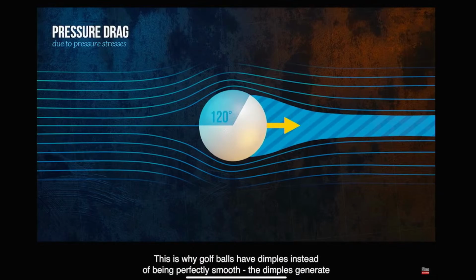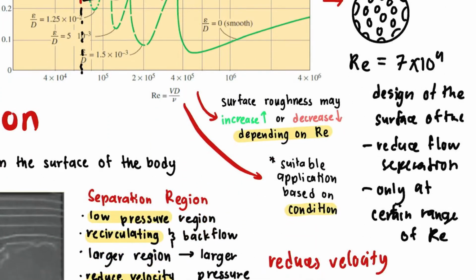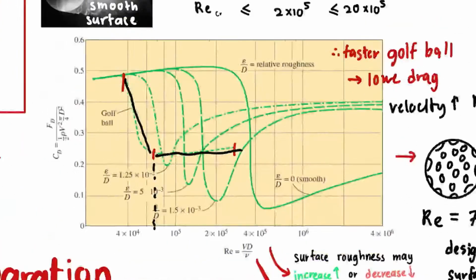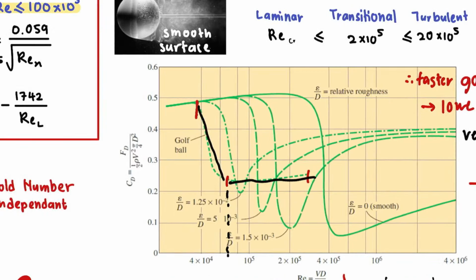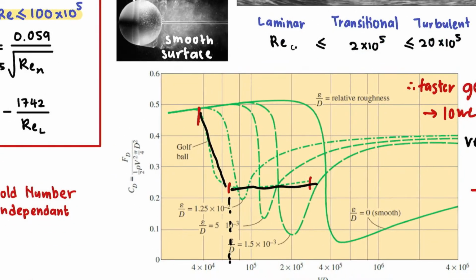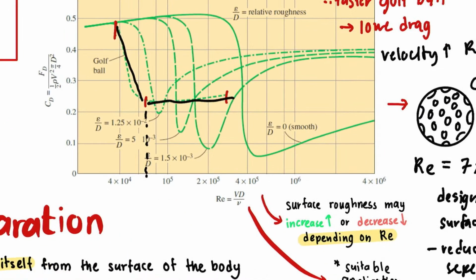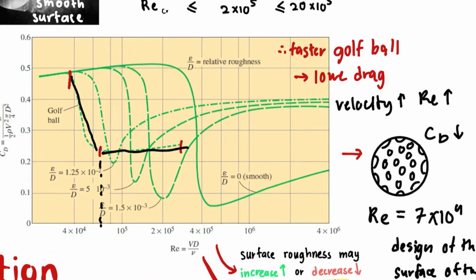Without separating. Okay. Because we can also note that rough surfaces allow the flow to separate later at certain ranges of Reynolds number.